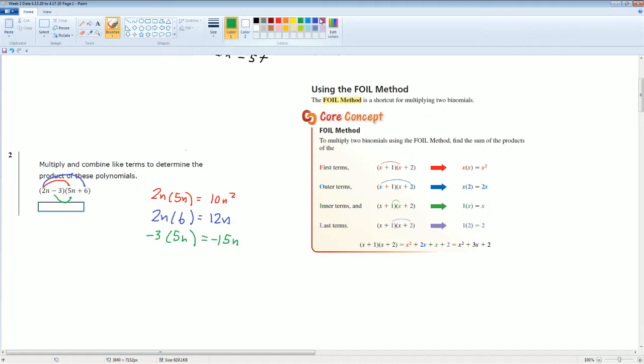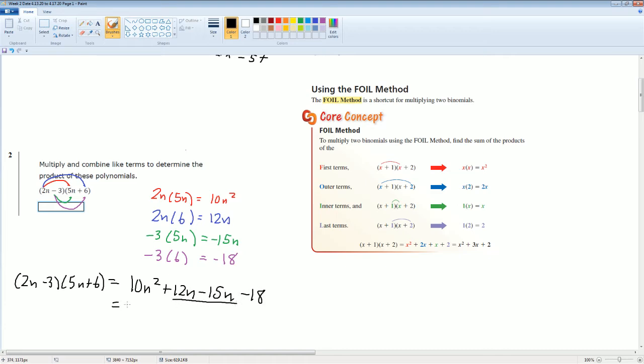Then you have your purple, which is your last, negative 3 times 6 becomes negative 18. Write this all together now because 2n minus 3, 5n times 6. When you multiply this, it gets you all of this together. So you have your 10n squared plus 12n minus 15n minus 18. Notice these two can combine. So 12n minus 15n becomes negative 3n minus 18. All right, that would be the answer here.